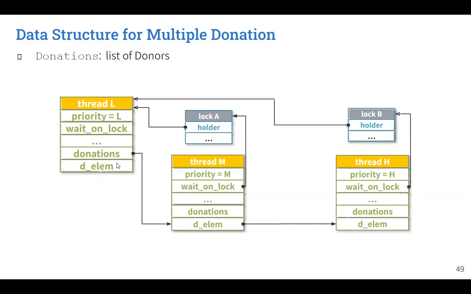So you want to maintain that list. So thread L would have thread M and H in its donations list, because thread H is waiting for a lock held by thread L, and thread M is waiting for a lock held by thread L. So thread L has donations from thread M and thread H.